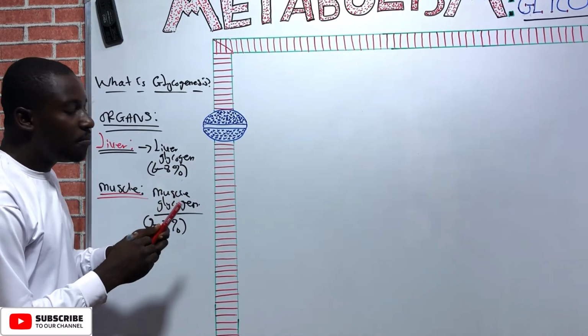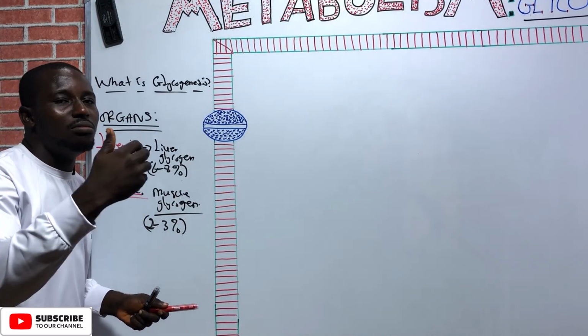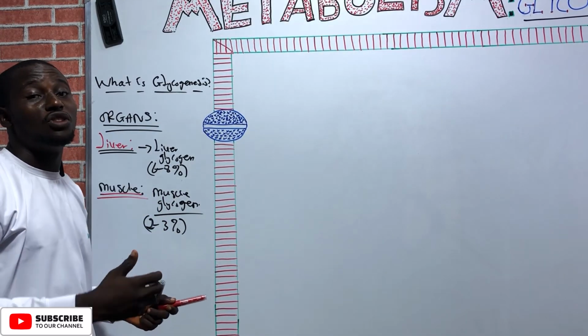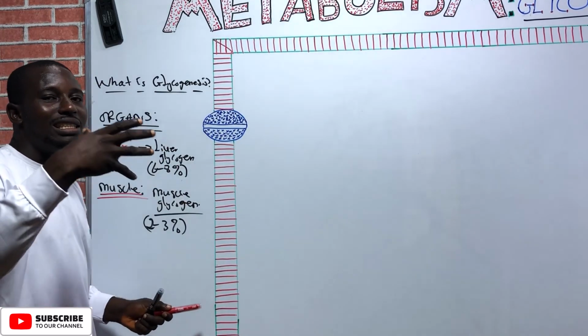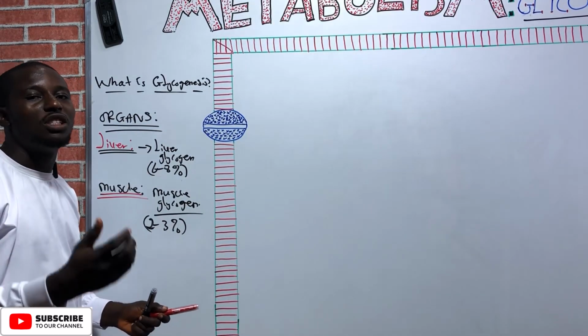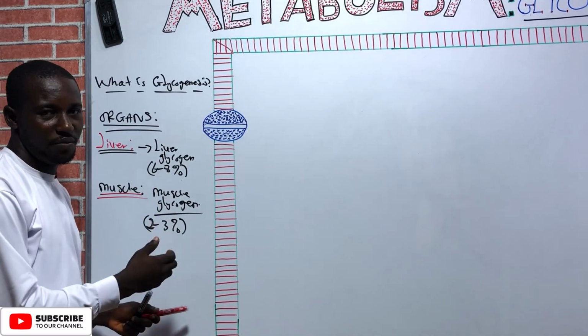Have you seen it? But due to higher muscular mass, that is numerous muscles in the body, the quantity of glycogen in the muscle is bigger than the quantity of glycogen in the liver.